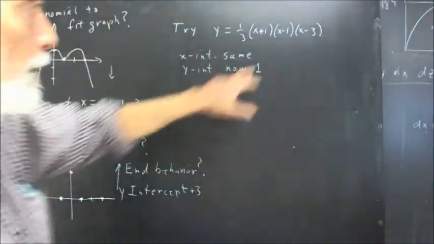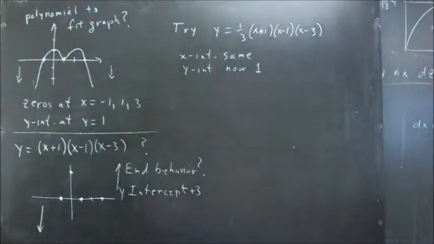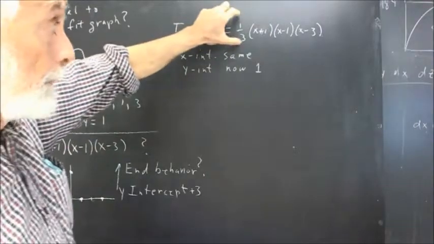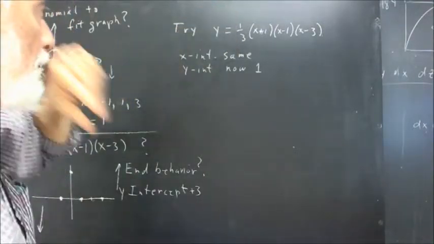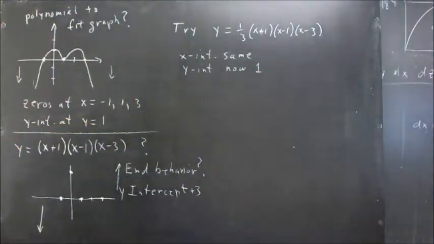As you can verify by multiplying these out, you get 3. 1/3 of that is 1. So we can always put a number in front here. Now, we still have the problem, though, that the end behavior is wrong. So what are we missing?